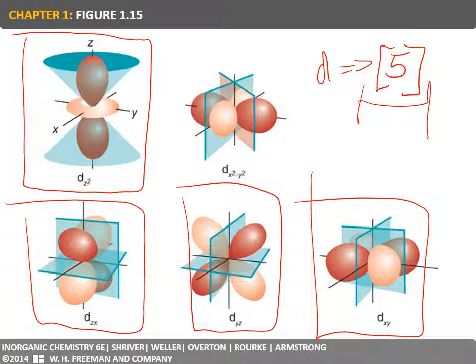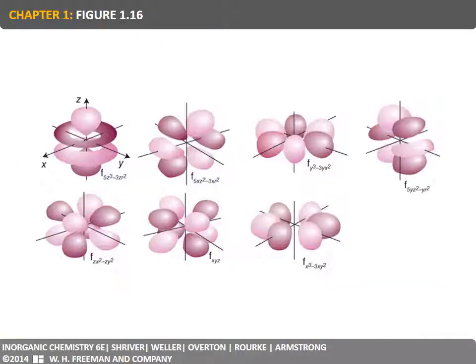Again, this is a graphical representation. We have to be able to visually see this. In reality, obviously, it doesn't look like this. And here is the graphical representation of the f orbitals, very similar in terms of representation to the d orbitals. The only thing that is visually more accessible is, for example, this one, which is quite simple. We put 8 balloons next to each other and they will form this.